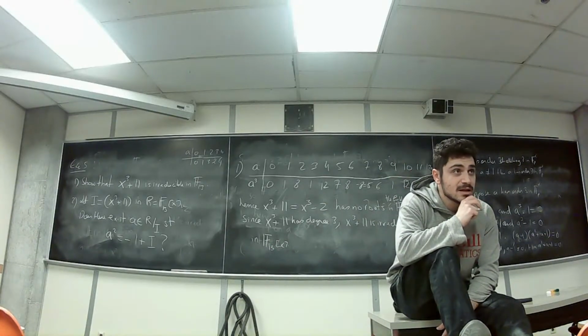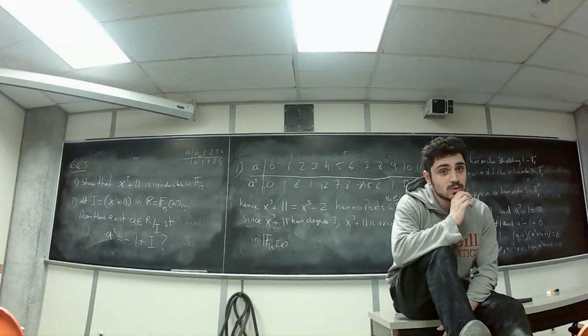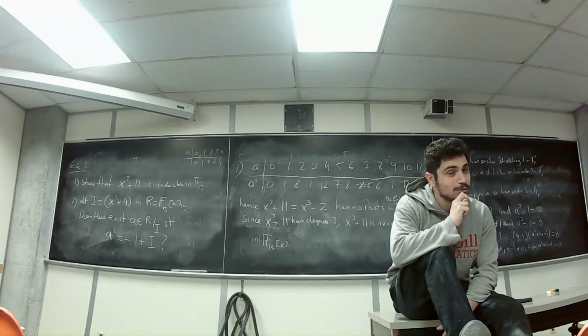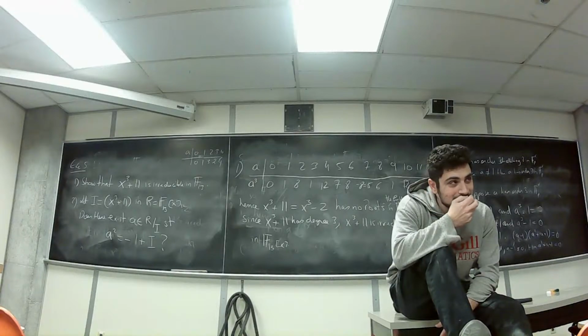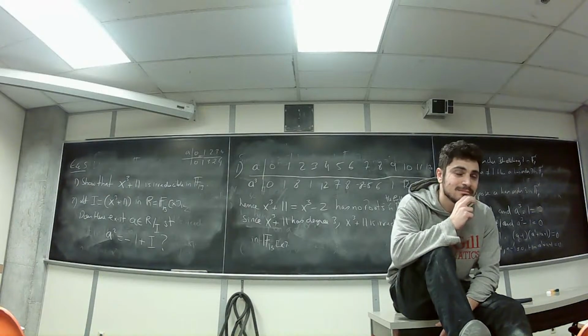Does there exist an a in R mod I so that a squared is minus 1 plus I? Why are we shaking the heads? We did something similar yesterday. So first of all, what can we say about R mod I?